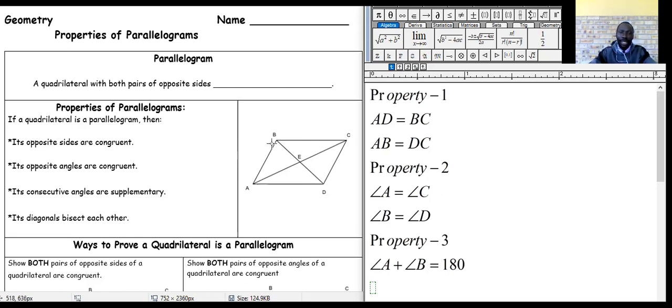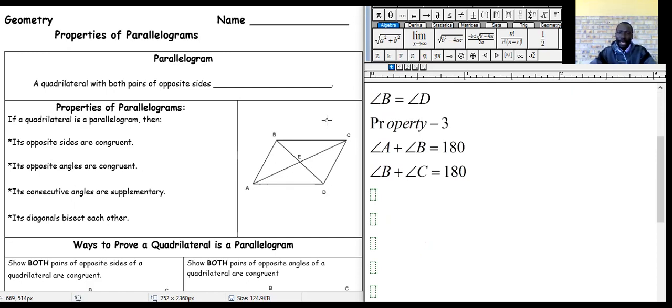If we are moving from A to B to C to D to A, we move from A to B, then B to C, not like AC. We don't skip. That's the meaning of consecutive in this case. We follow a pattern one after the other. So we now move to B and C. The angle at B and the angle at C also give 180 degrees.